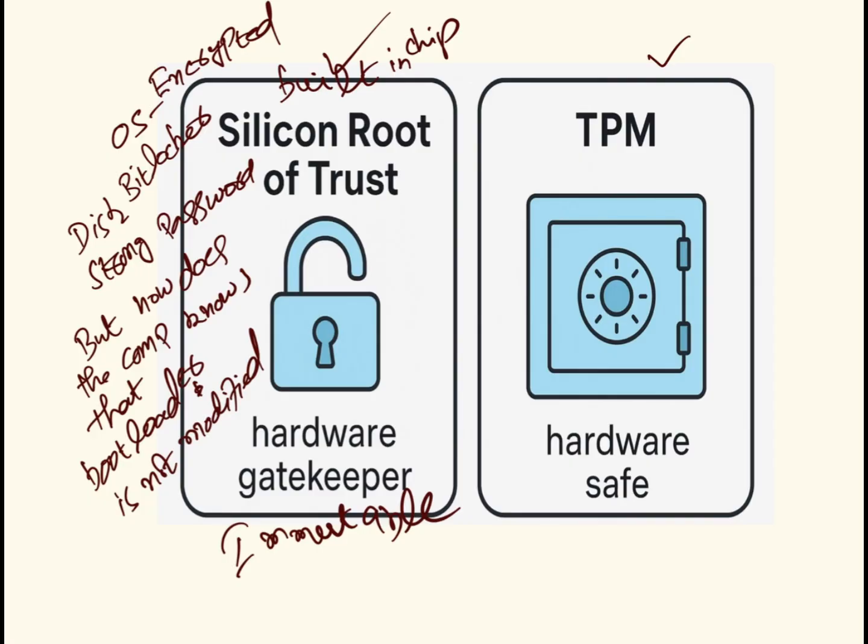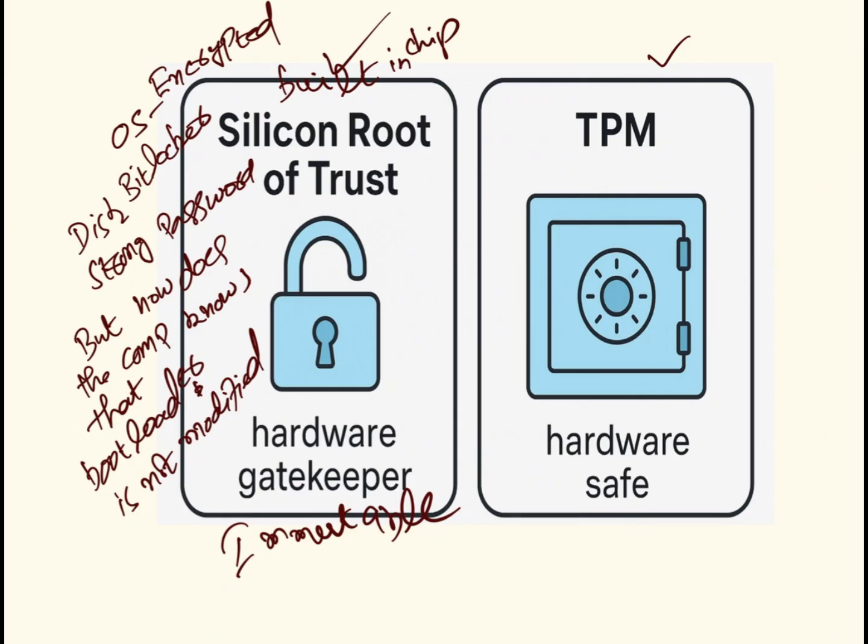So, silicon root of trust versus TPM. Another topic is TPM. Silicon root of trust is the trust origin. It decides what is trusted and starts the chain. TPM is secure storage and reporting. It stores measurements and performs crypto safely.